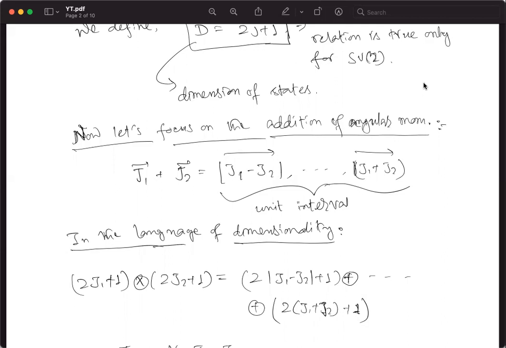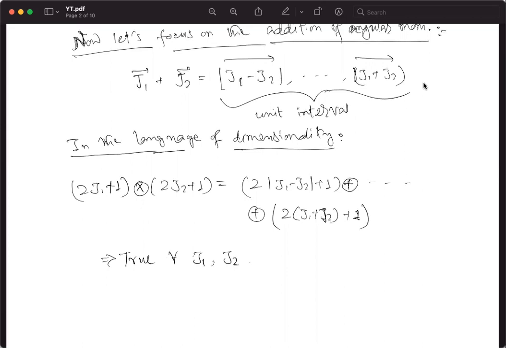So basically, we have two states of dimensionality 2J1 plus 1 and 2J2 plus 1, and you are taking a tensor product or the outer product, right? So now from there we get these states, and they are written in a block diagram form of that matrix, which are basically individually of dimension 2|J1 minus J2| plus 1 and so on.